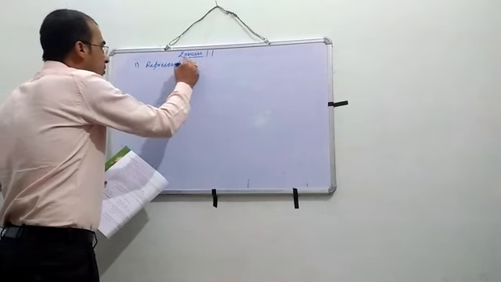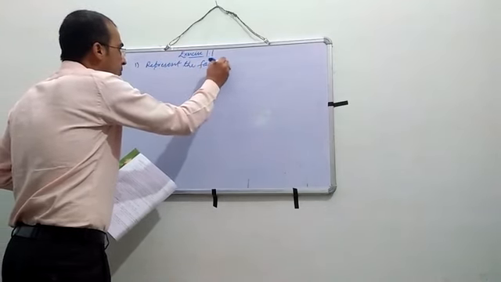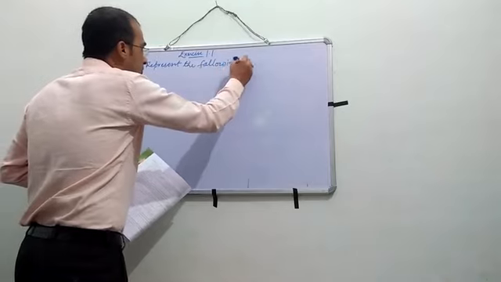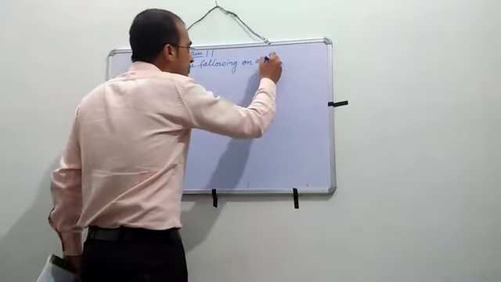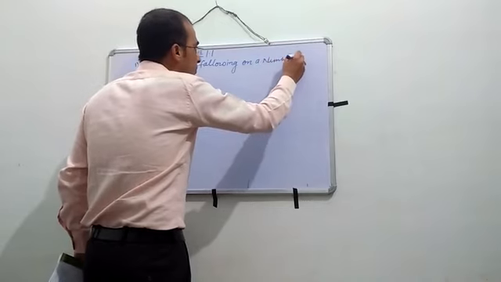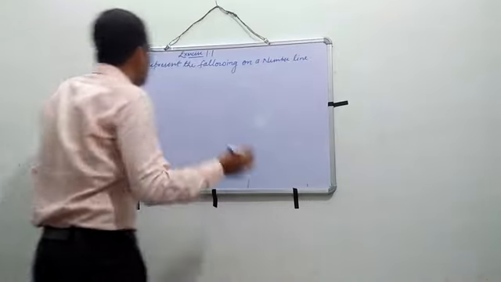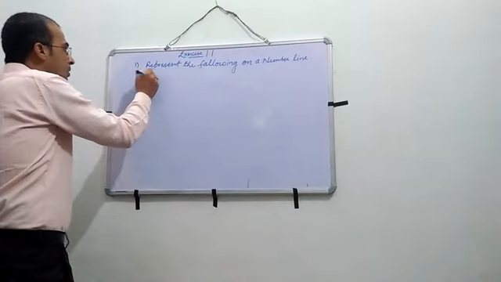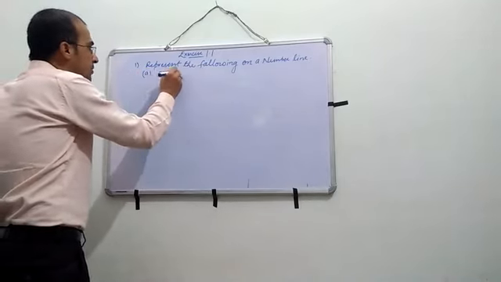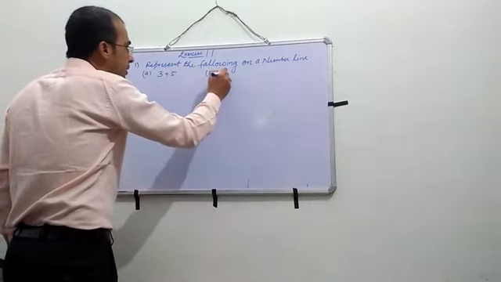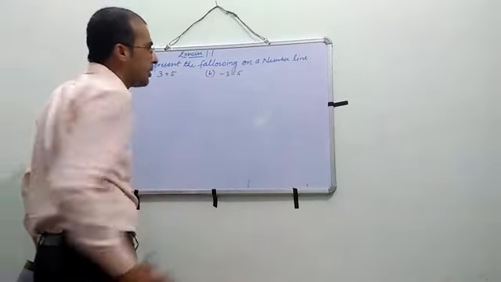Represent the following on a number line. First, A is 3 plus 5 and B is minus 3 minus 5.